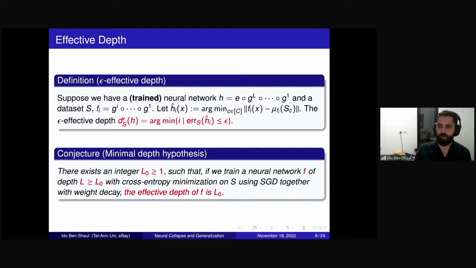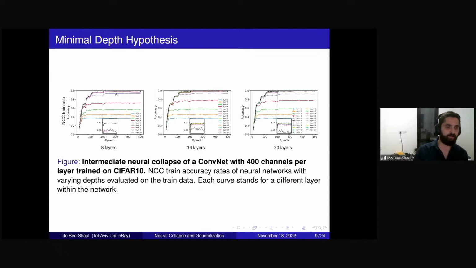It's going to be L0 no matter how many layers we stack on top of it. Going back to this figure, we have this L0 when it collapses, something like layer 6. If we add more layers, we're actually going to collapse in the same place. So we have this minimality through this metric of neural collapse.